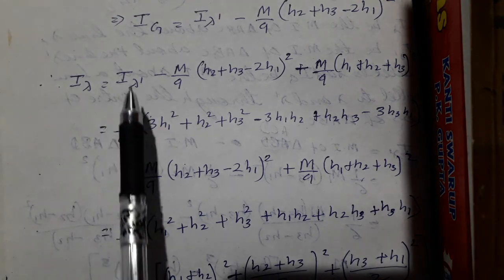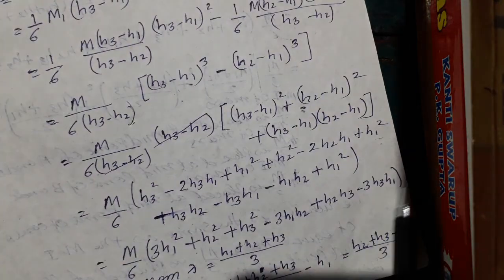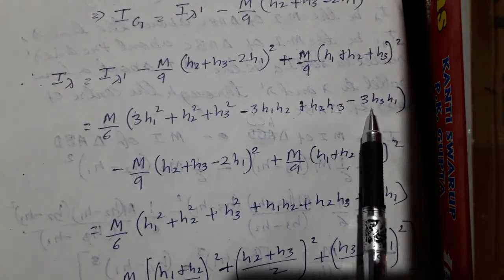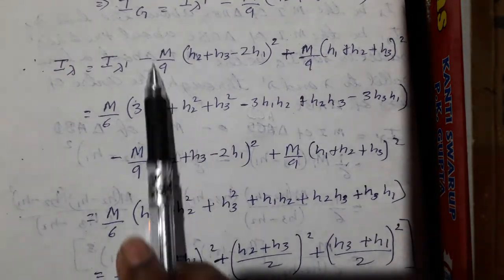We have already found the value of I lambda, so we put this value here. And here we have m by 9.